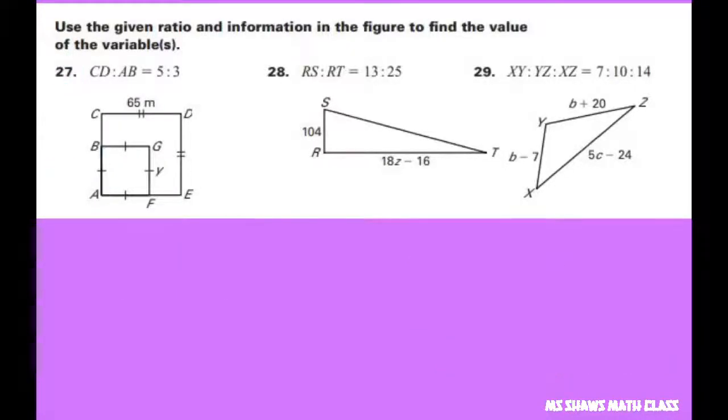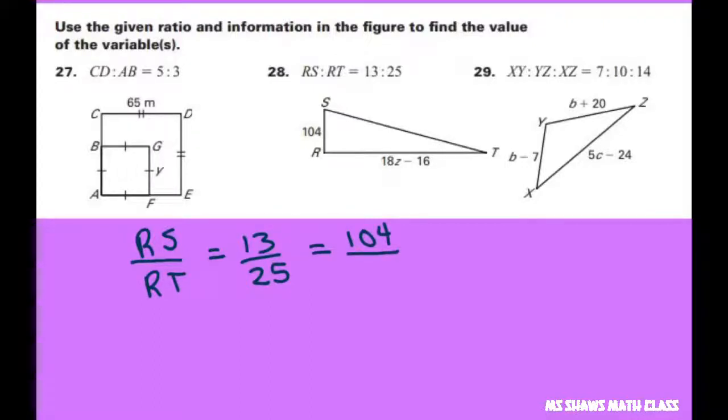Okay, the next one, we have RS to RT is 13 to 25. RS is 104, and RT is 18Z minus 16.